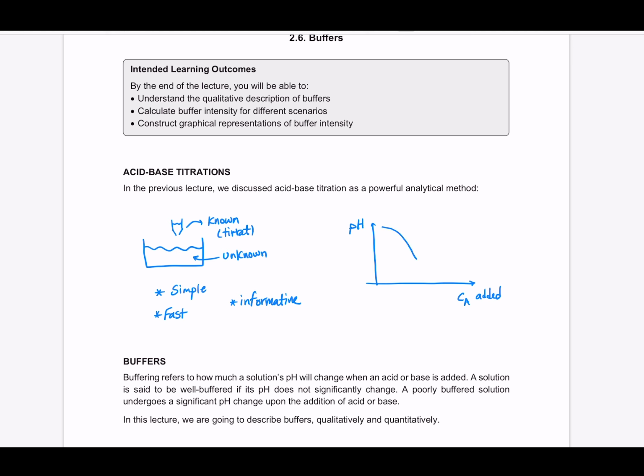And we had something like this one, in which, qualitatively speaking, we had regions with low change in pH and regions with high change in pH.